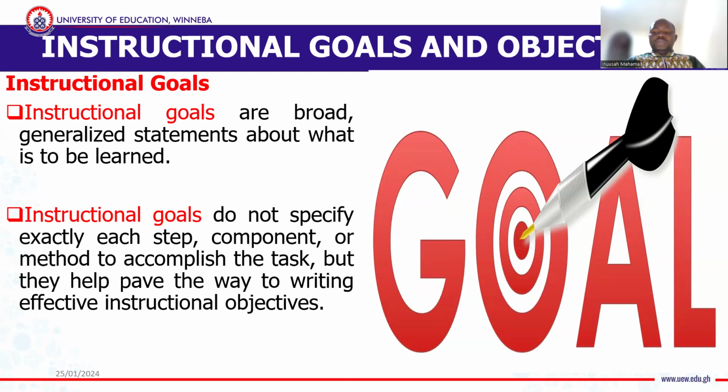But when we talk about objectives, they are specific for a specific purpose. Goals are huge, broad, highly generalized, while objectives are specific, tailored towards a particular task or a particular assignment.